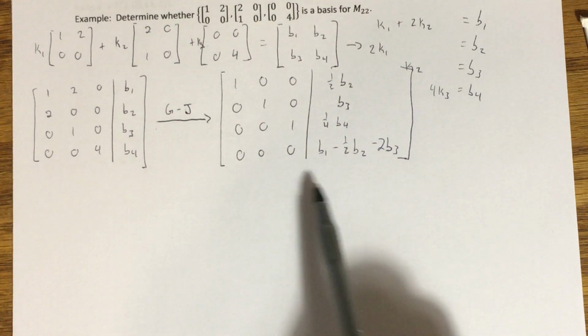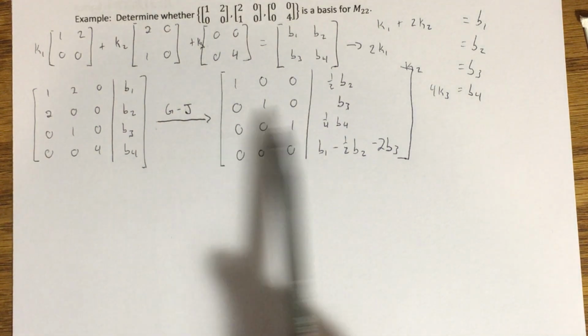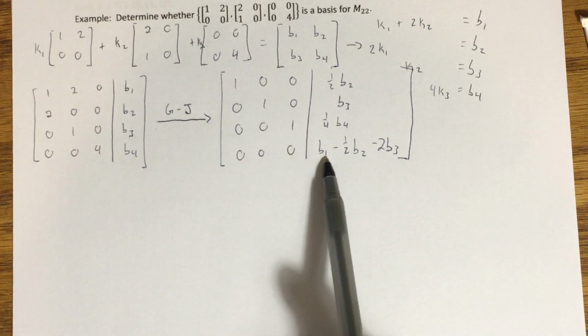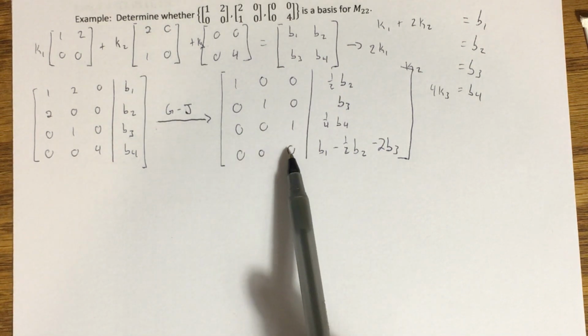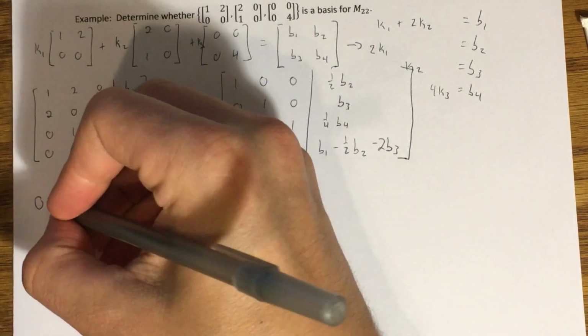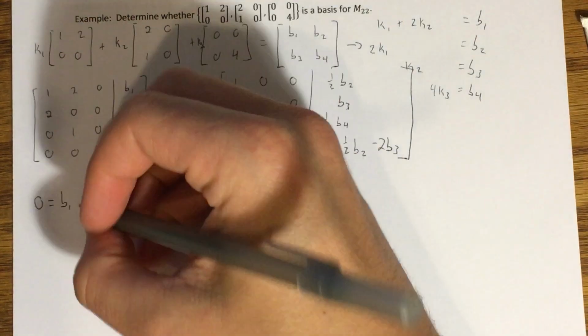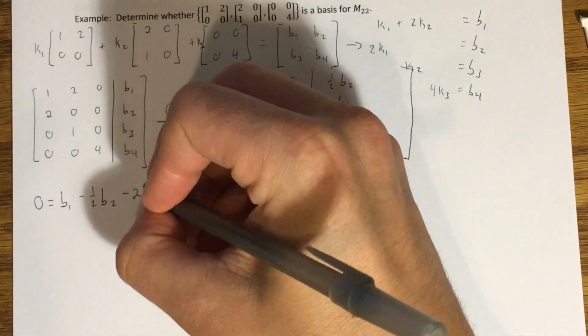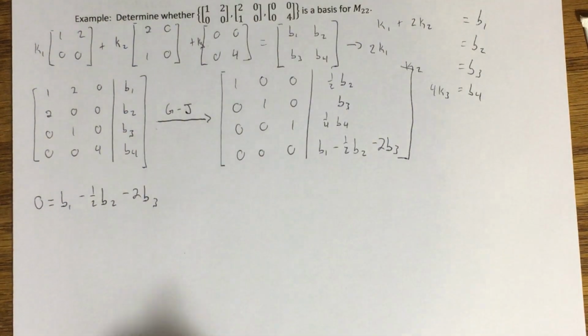Remember, if this is going to be consistent, then this should be equal to 0. Remember, this is an equation that says 0 equals this expression right here. 0 equals B1 minus 1/2 B2 minus 2 B3. Okay?